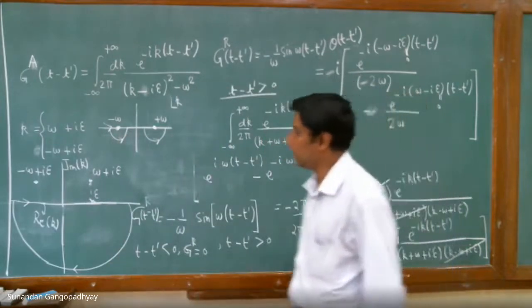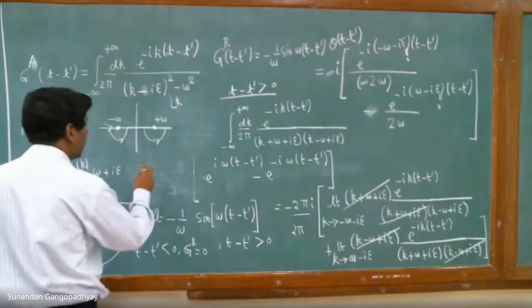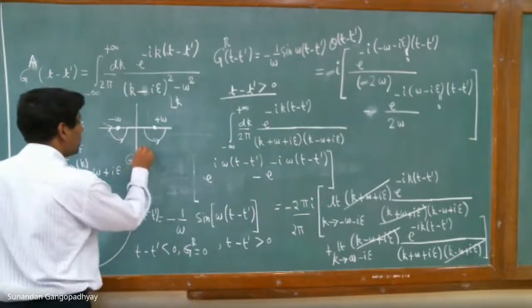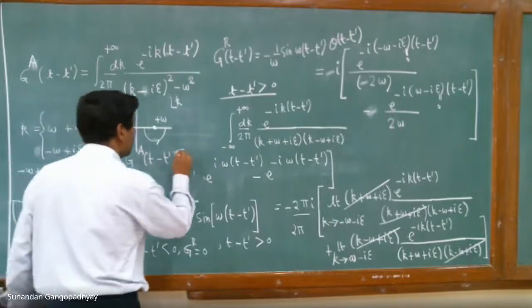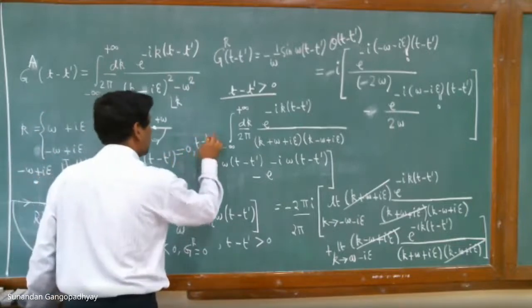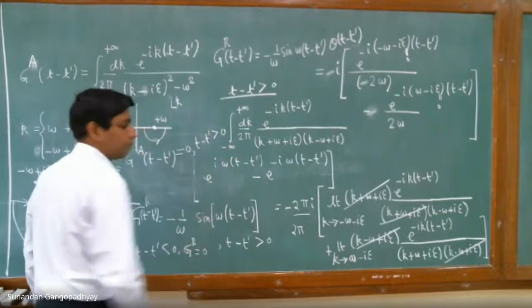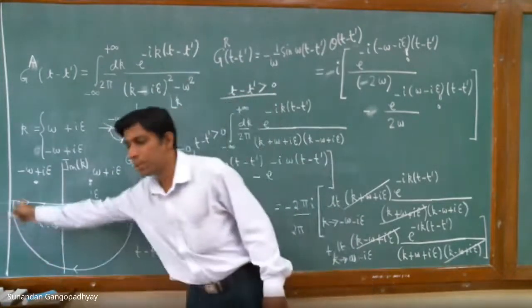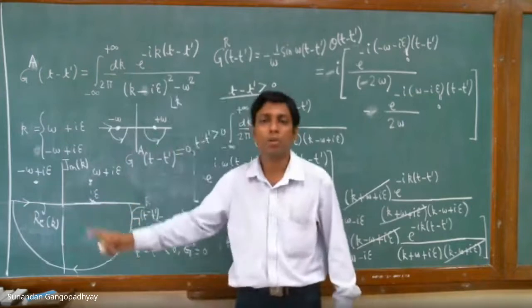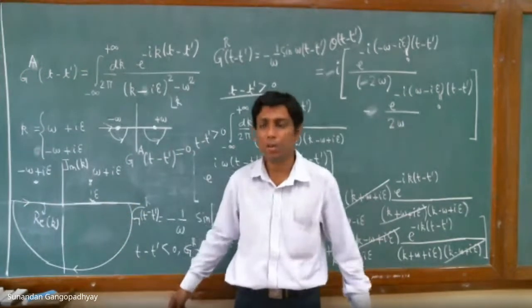And now, in this case, you can immediately see for the advanced case that g_a(t minus t prime) is equal to 0 for t minus t prime greater than 0. Because for t minus t prime greater than 0, you have to close it here, but this closed contour does not enclose any simple pole.